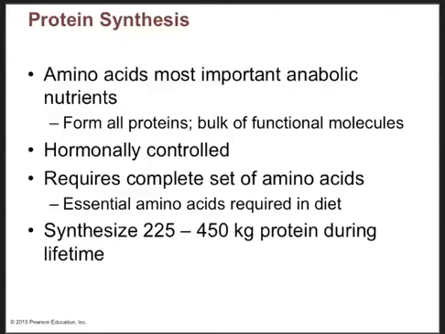Well, if we are an omnivore or carnivore, it's easy because we are what we eat. If we eat meat, meat is complete protein, and as a result will satisfy that dietary requirement. But if you're a vegetarian, you have to be very careful because different types of plant material contain different amino acid components, and you may not get all the necessary amino acids if you simply eat one type of vegetable.